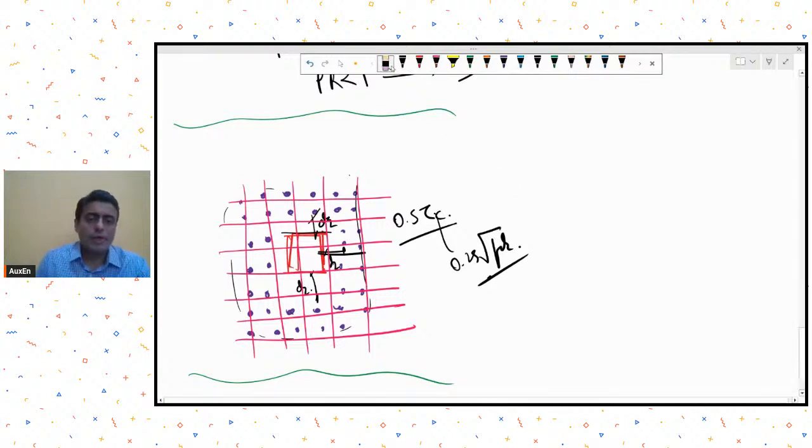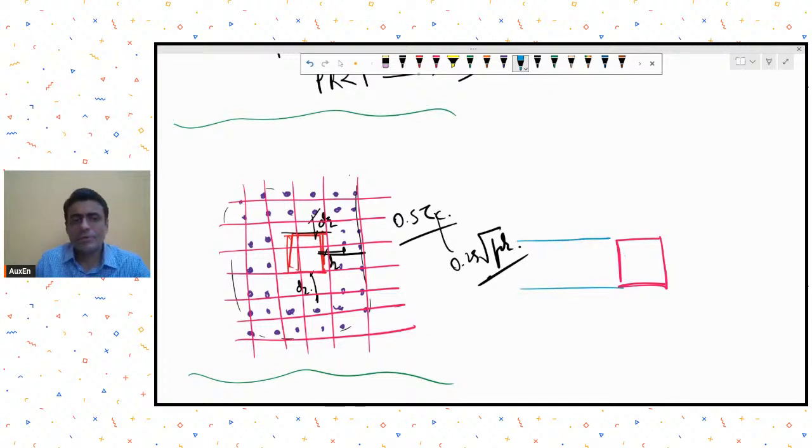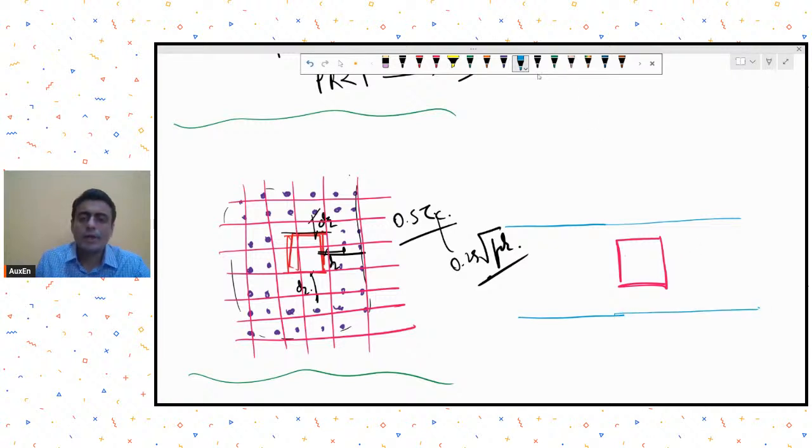Another way of providing punching reinforcement is a concealed beam arrangement. If this is my column, I provide a concealed beam arrangement, but remember that the beam has to be as wide as d by 2. It has to go up to d by 2 like this. So these are concealed beams. Do you follow what I'm trying to say?